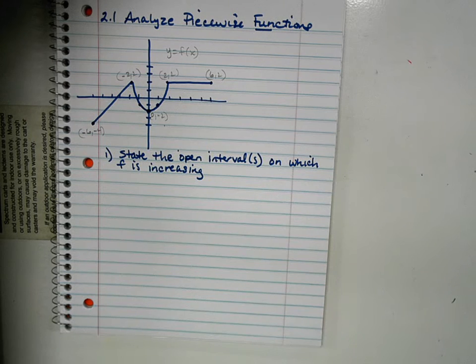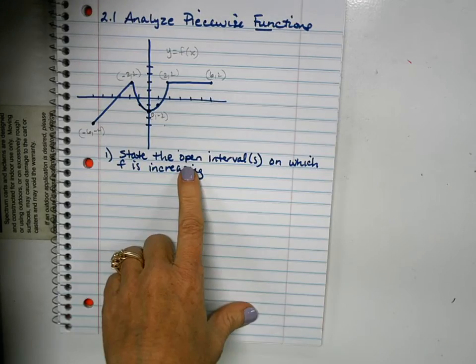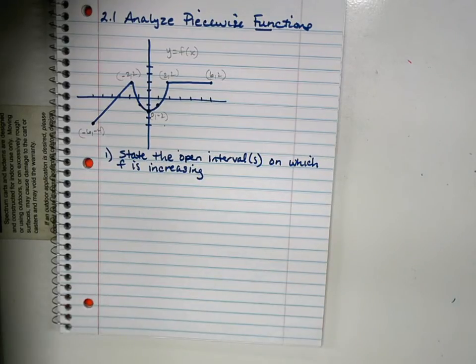Some would say, well, no, right at -2 it's neither increasing nor decreasing, or it's doing both, so you can't put a bracket. So because there's not agreement, let's just use parentheses instead of brackets, okay? When we get to domain and range, we'll definitely put the brackets if we need them, okay? But for increasing, decreasing, we're going to do parentheses.